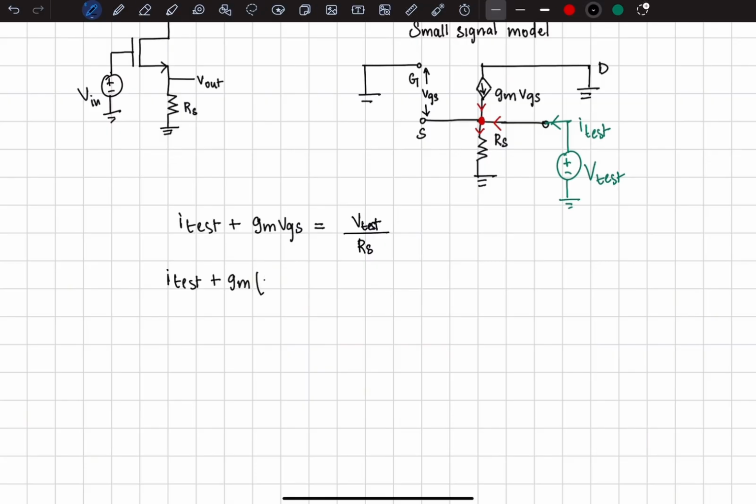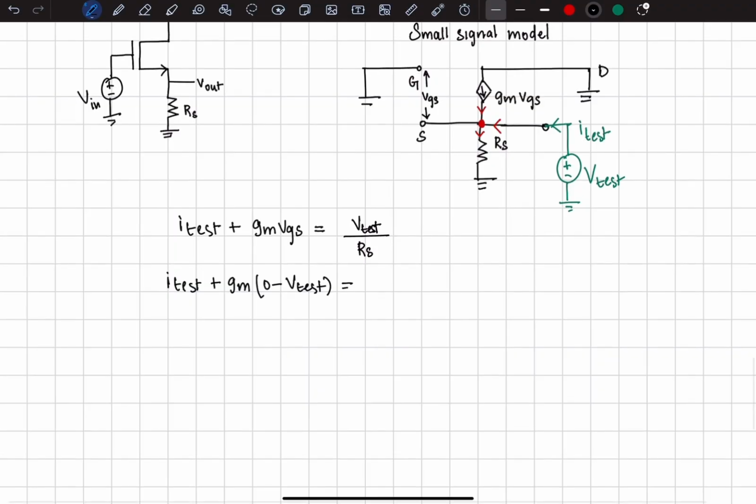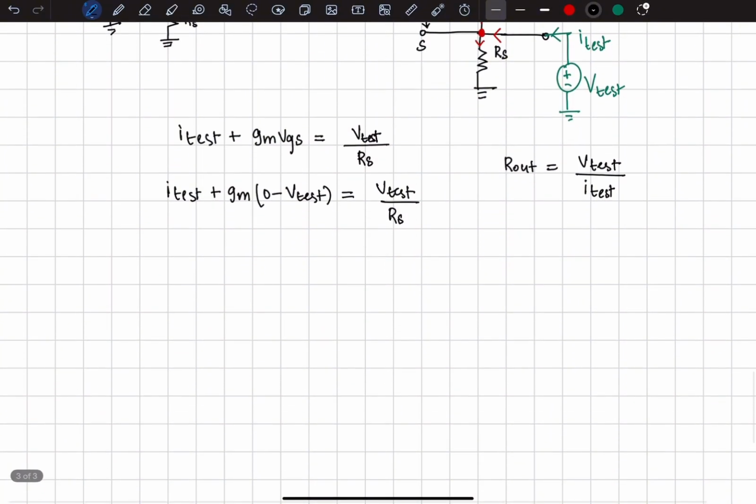The gate is grounded, so 0 minus V out. Again, it's not V out, it is 0 minus V test. And the output resistance R out is given as V test by I test.